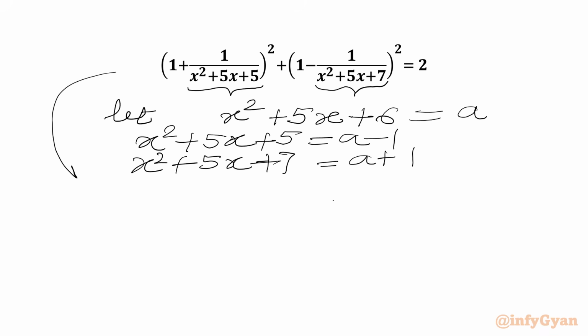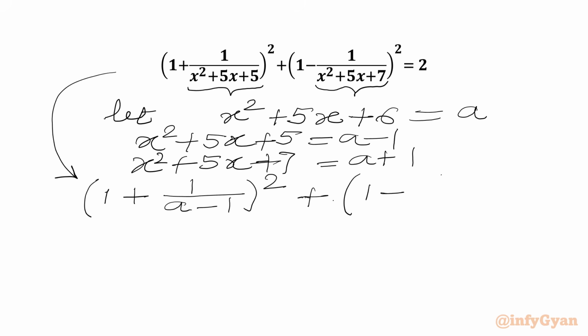Let's put in our equation. We will write 1 plus 1 over a minus 1 whole square plus 1 minus 1 over a plus 1 whole square equal to 2. Now we'll take LCM.